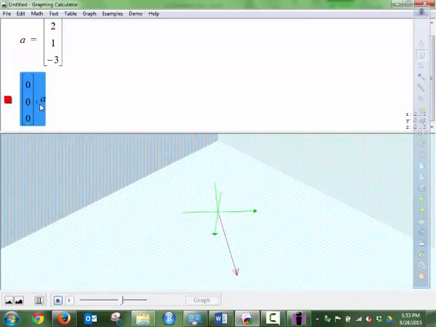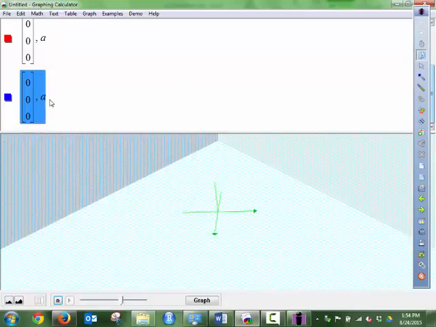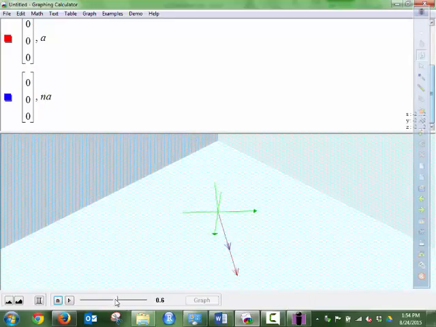Now, what if I multiply this by a scalar? So these vectors that I'm getting, it looks like if I just multiply it by a scalar, I'm just going to get vectors, right? And these vectors look like they're running along that same line. Okay? So it looks like this is just going to be a line in 3 dimensions.